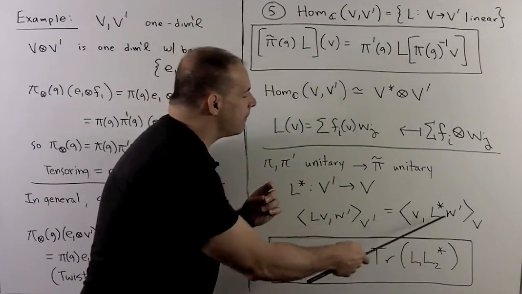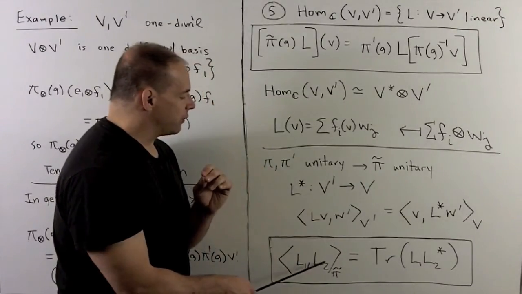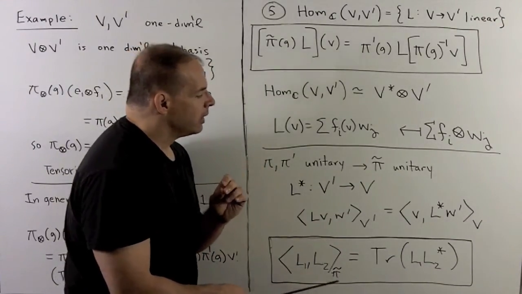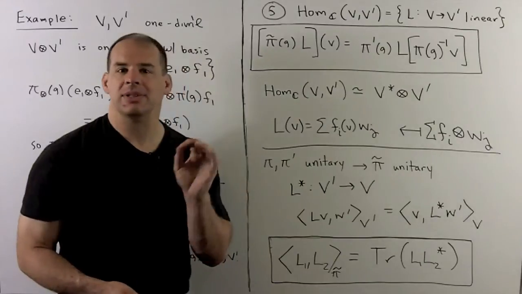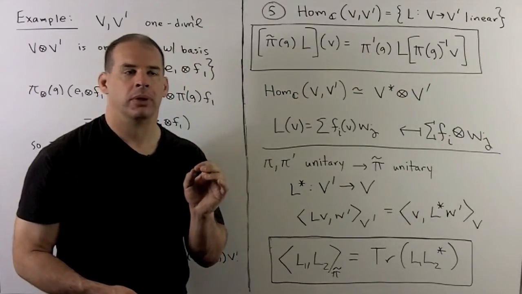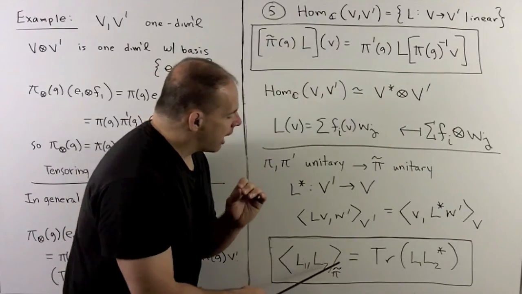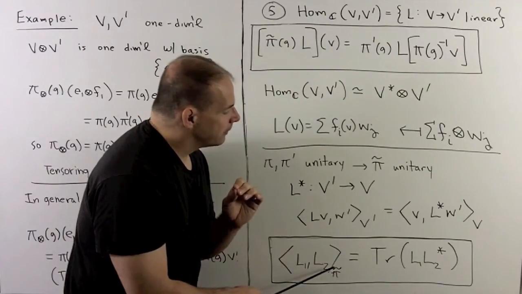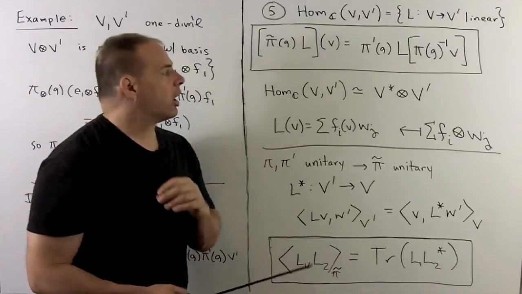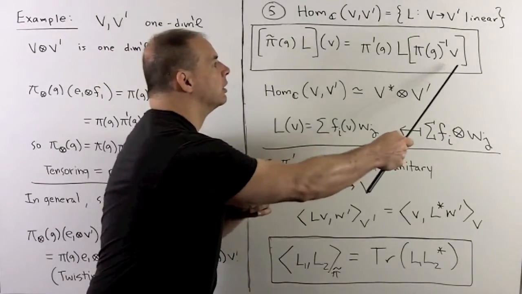Now, with that, our inner product for two linear transformations, say L1 and L2, is going to be the trace of L1 times the adjoint of L2. Now, you need to verify that this is an inner product, a Hermitian inner product, and that it's invariant under our group action.